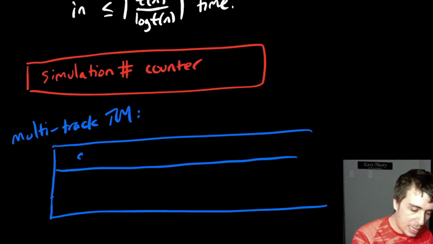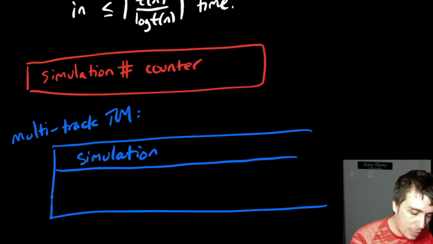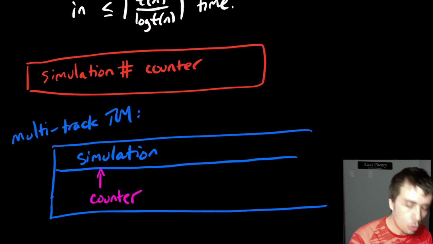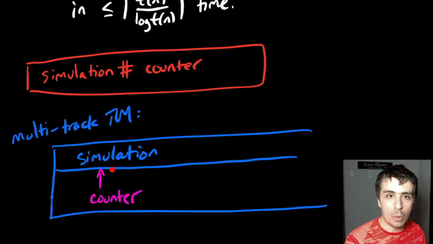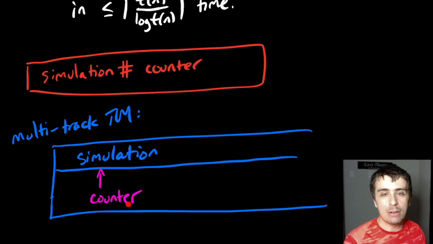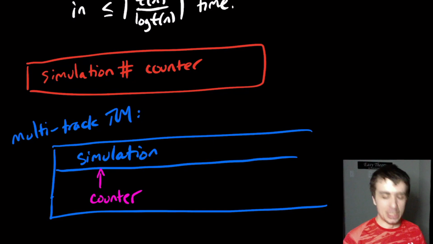So we're going to have the simulation occur up here. And what we're going to have right under it, right where we are, is the counter stored right there, right under where the tape head is. So then if the tape head, let's say, moves to the right, then we're going to shift the counter over one position. And then if the tape head moves left, we shift the counter left one position.